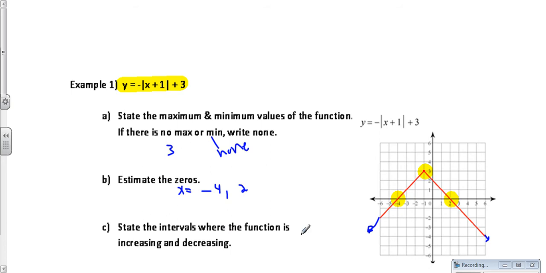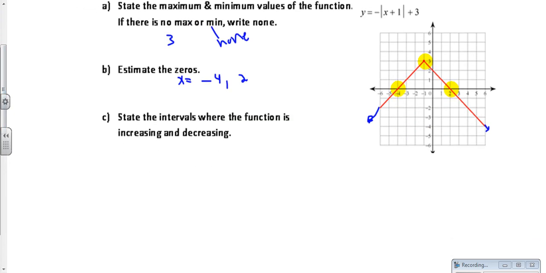State the intervals where the function is increasing and decreasing. So if you look at the picture, we're going to go left to right. As you go left to right, the function is increasing from, and I'm going to say -infinity, because it goes on forever, to -1.